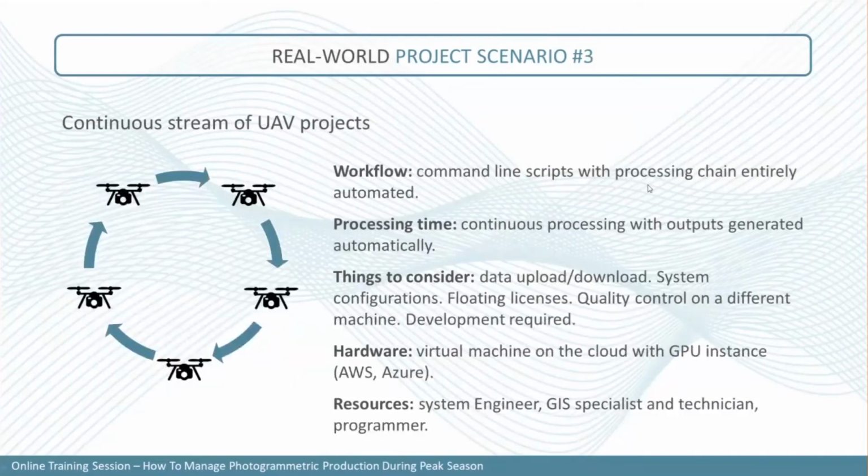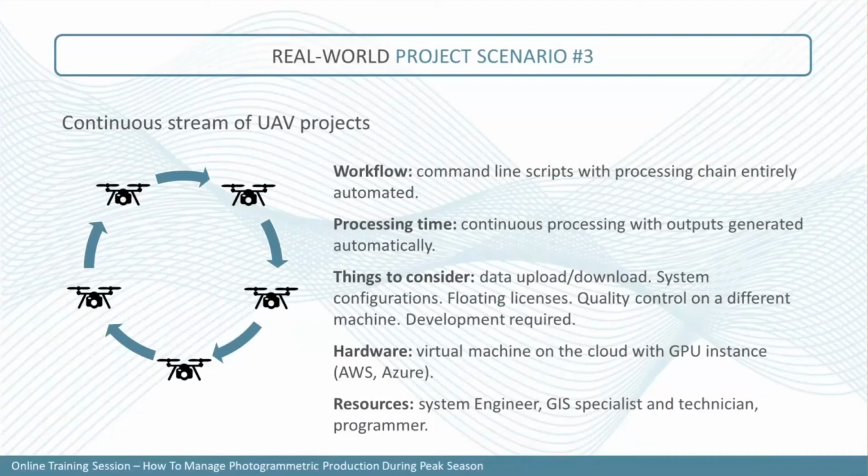The real scenario number 3 would probably be a continuous stream of UAV projects. So when we start talking about a continuous stream, it can be interesting to start considering scripting for having optimal processing.